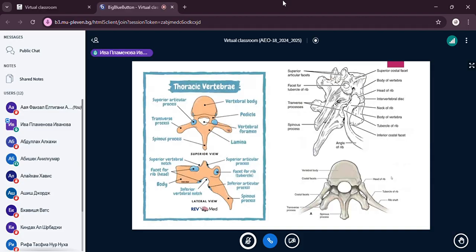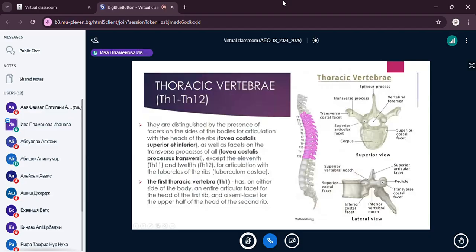Here you can see fovea costalis for the ribs. We have fovea costalis superior and inferior for the heads of the ribs, and of course, fovea costalis of the transverse processes for the tubercles of the ribs.